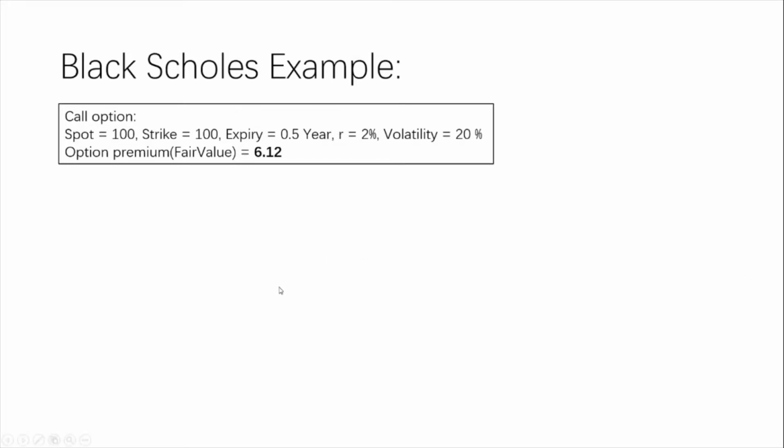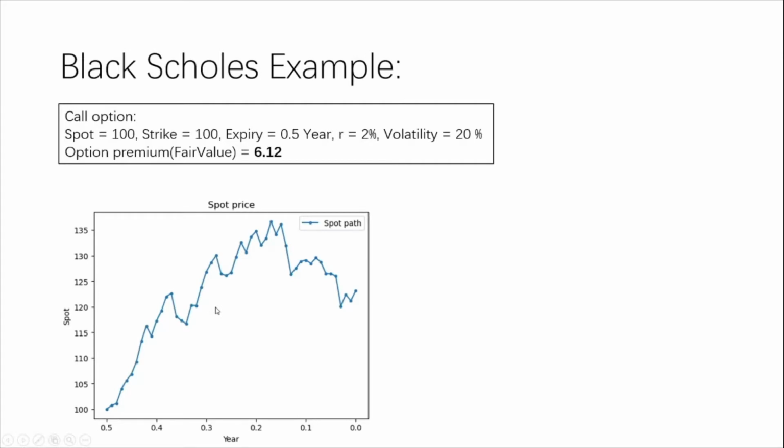So after you bought this option, assuming we have such a realized spot path, initially the spot price is 100 and finally it stops at around $123.